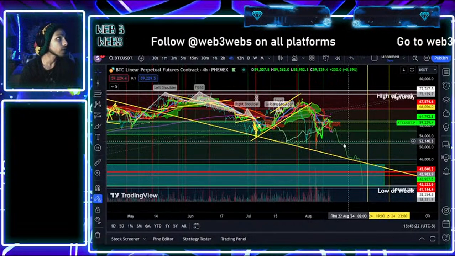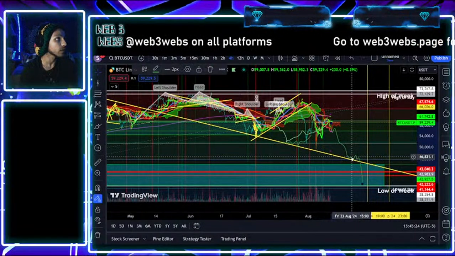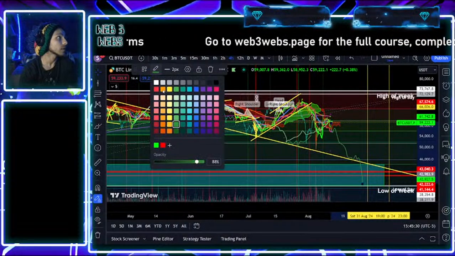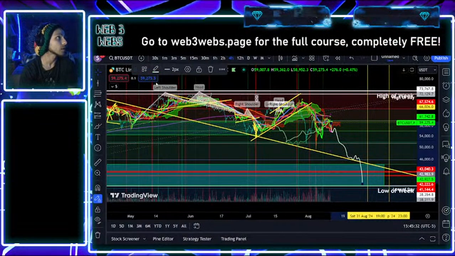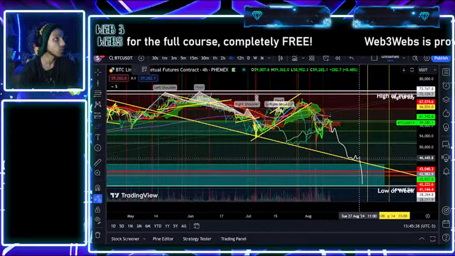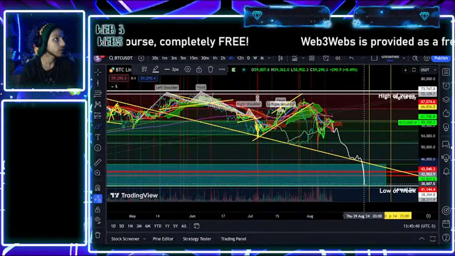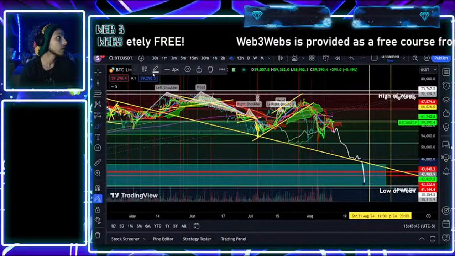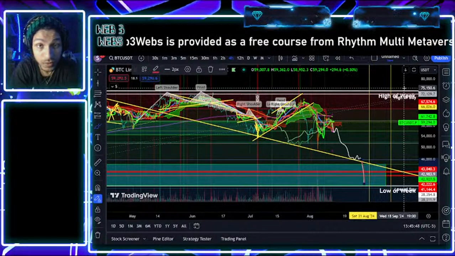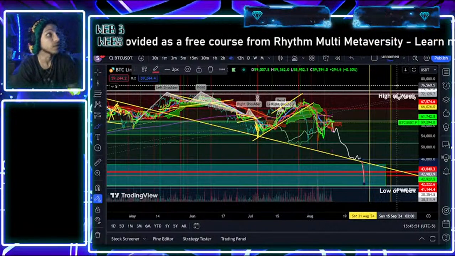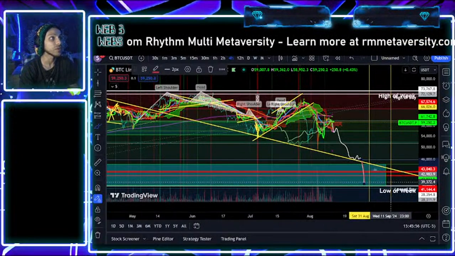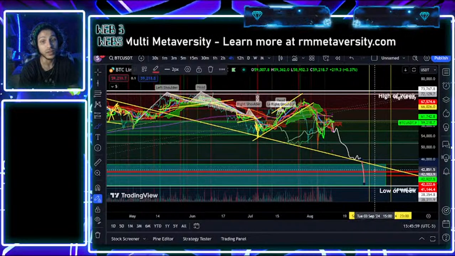So I think now this is a possible scenario. So I'm going to do that as well. Then this is a scenario, right? If we lose that level, things are bad, I'm telling you. And then even worse if we lose that low of the week. Not even low of the week, it's like low of the year right now.